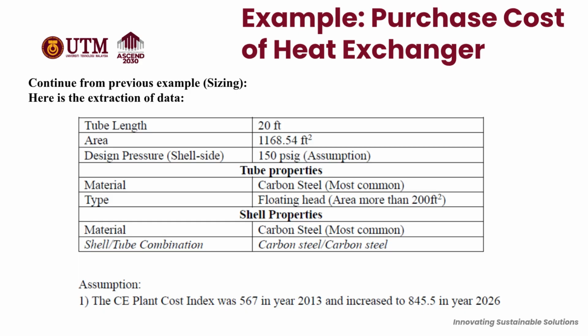However, the selection of material should be based on the liquid that flows in your tube and shell, not 100% using carbon steel. Another assumption we make is the CE plant cost index was 567 in year 2000 and increased to 845.5 in year 2026.